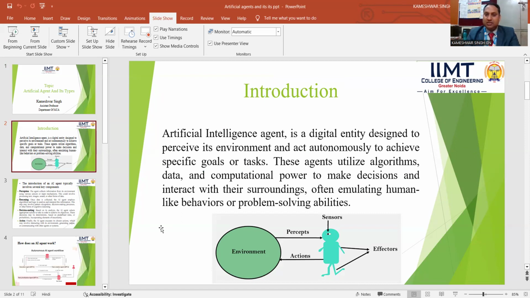These agents utilize algorithms, data, and computational power to make decisions and interact with their surroundings, often emulating human-like behavior or problem-solving abilities.